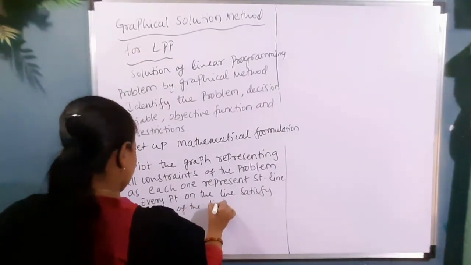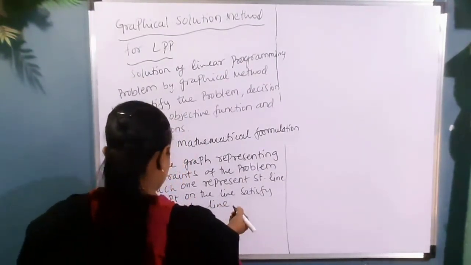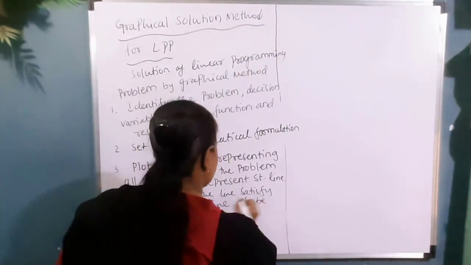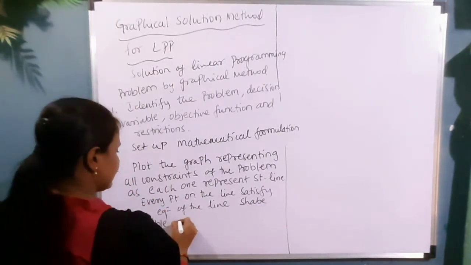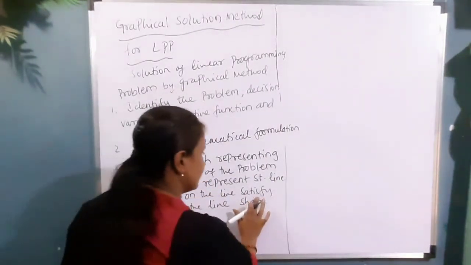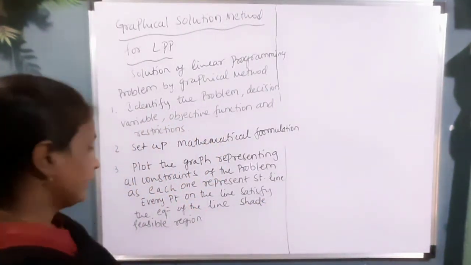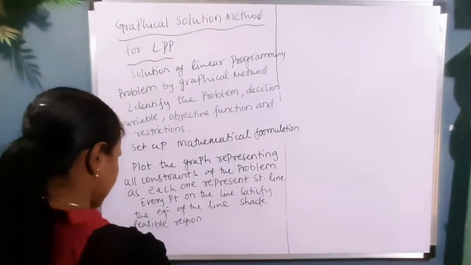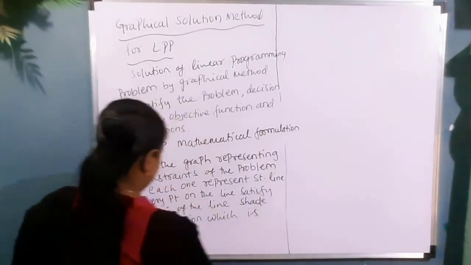Then shade the feasible region. Feasible region means the common region. Shade the feasible region which is identified.